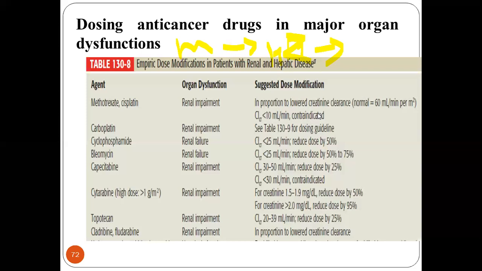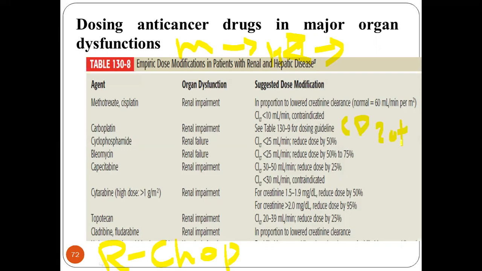So when you say cost, one typical example I can give you is the CHOP regimen. If you have a lymphoma with CD20 positive, the best treatment is R-CHOP. But if the patient cannot afford the rituximab component, you can give them CHOP.